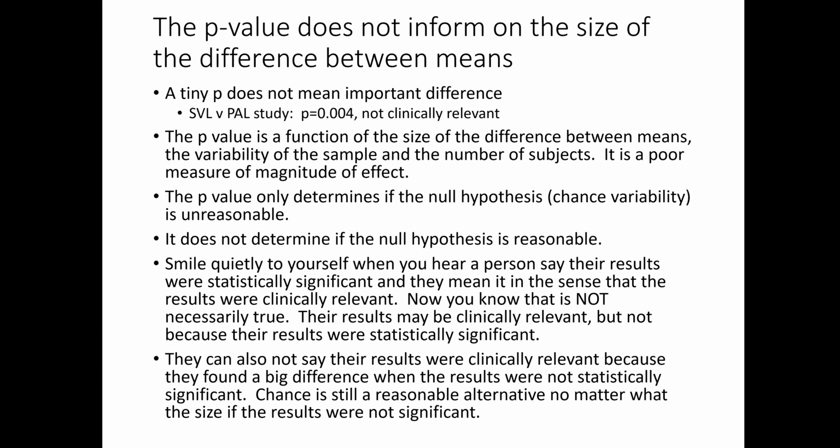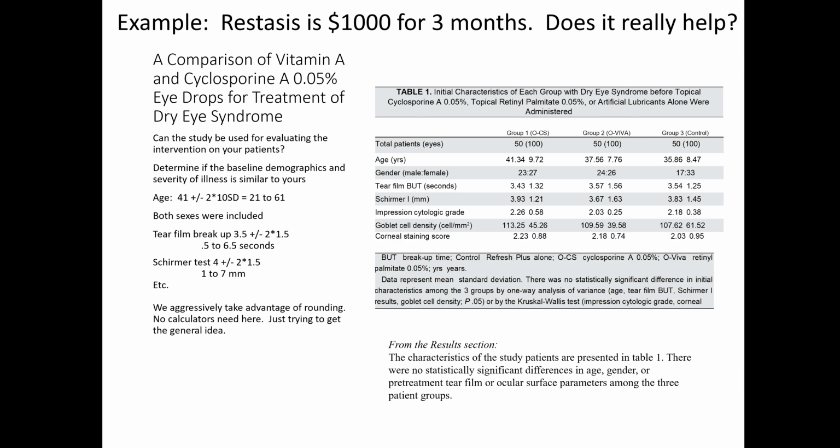But if they run a statistical test and the results are not significant, the way random variability is, chance is still a reasonable alternative, no matter what the size of the results they found. If they're not significant, they don't eliminate chance as being a reasonable alternative.